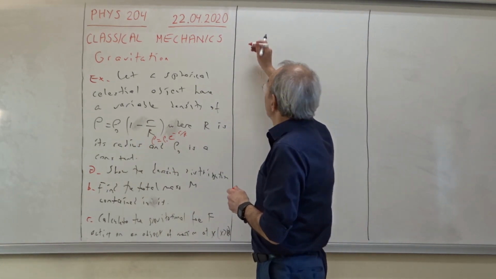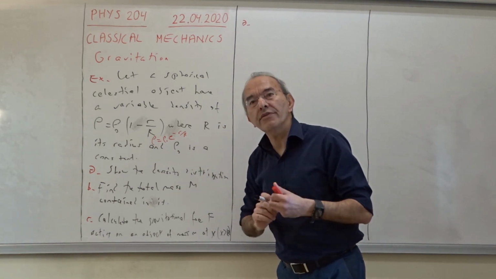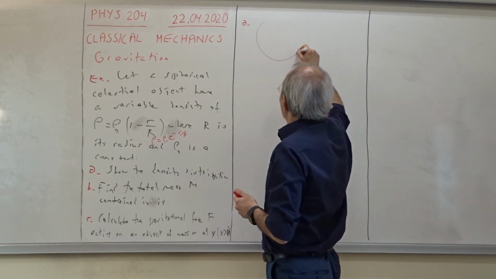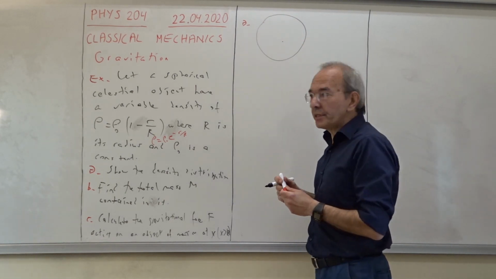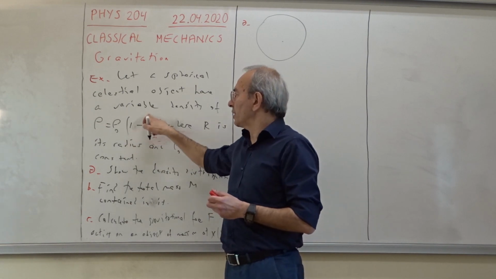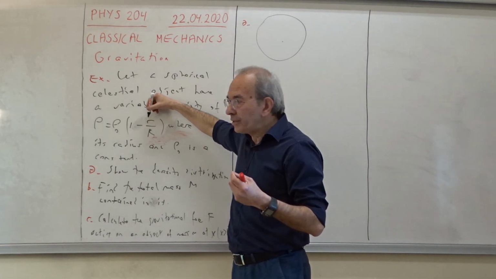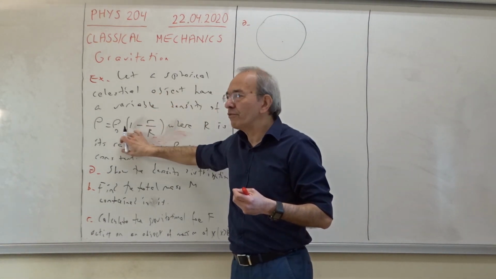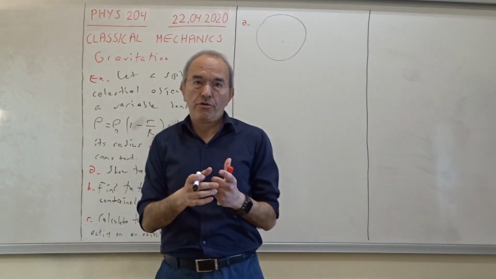Part A says, draw a simple picture to show the density variation. So this is the spherical object, and this is the center, for instance. According to the given function, 1 minus r over R times rho 0, near the center where r is 0, we only have rho 0. So the greatest density occurs near the center, just like our Earth, for instance.